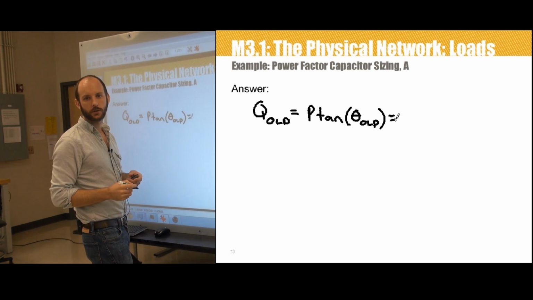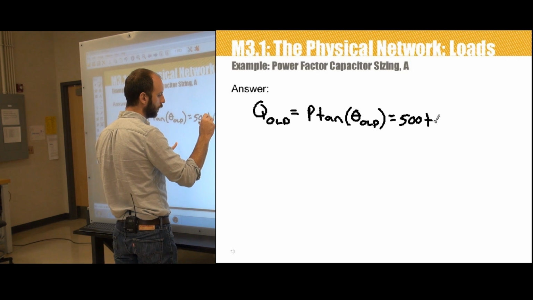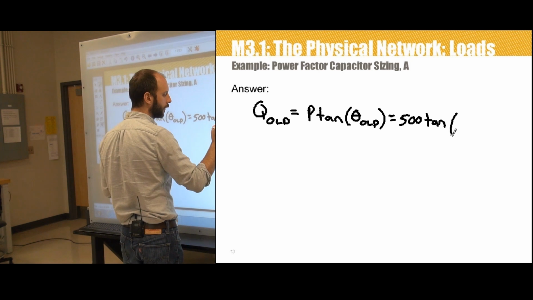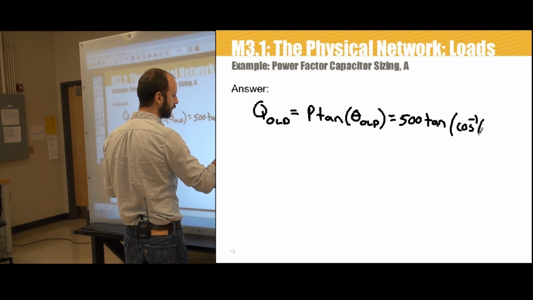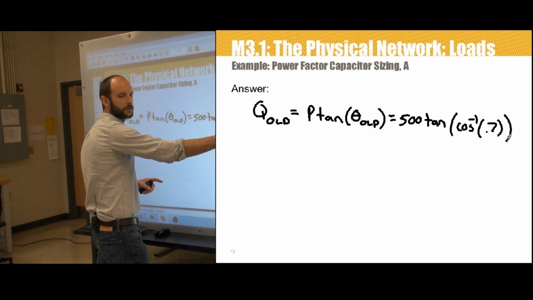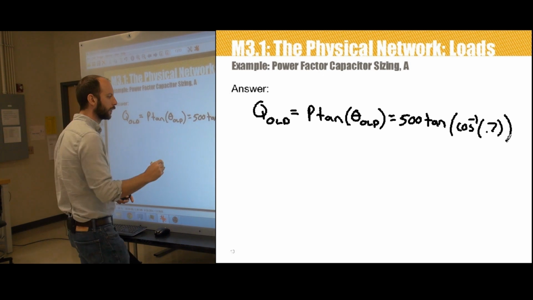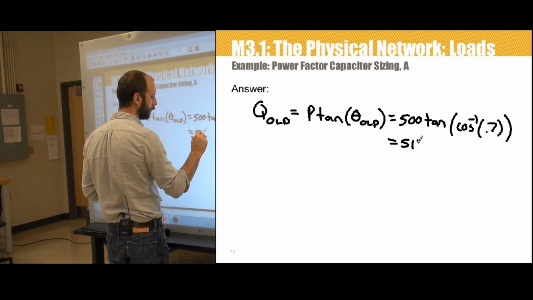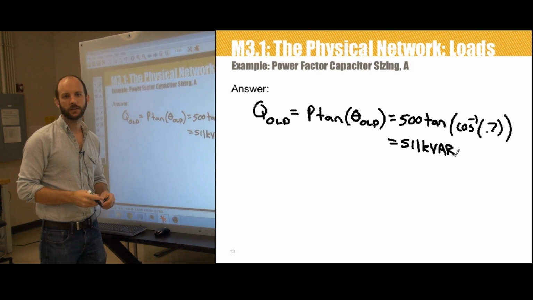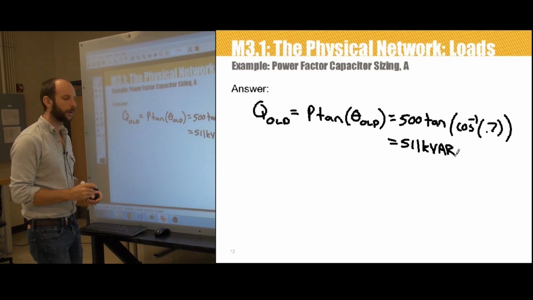So that's 500 tangent of inverse cosine of 0.7. Inverse cosine of 0.7 results in an angle, and I'm taking a tangent of that angle. That gives us 511 kilovar.